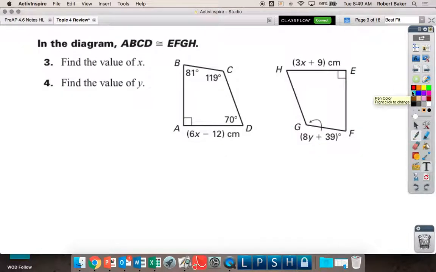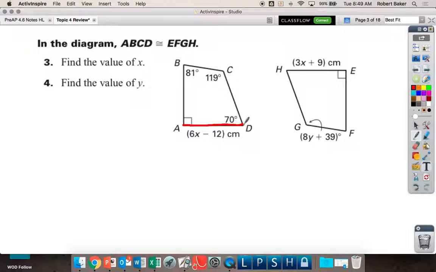Now we're talking about the first thing that we did, congruent figures. It says in the diagram, shape ABCD is congruent to shape EFGH. Find the value of x and find the value of y. So x is down here.